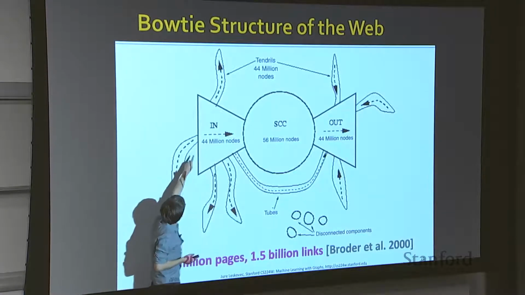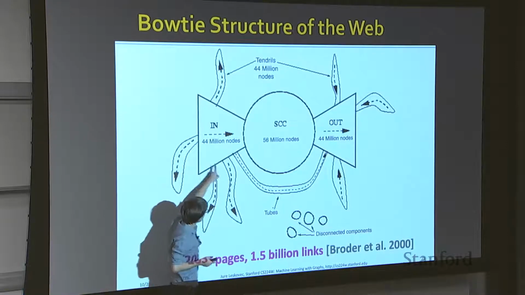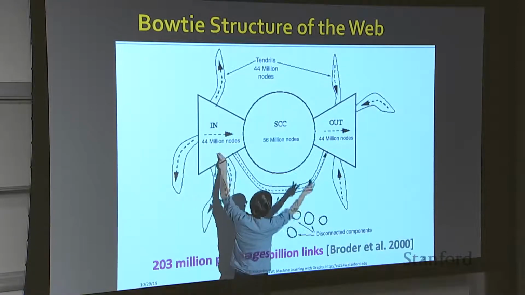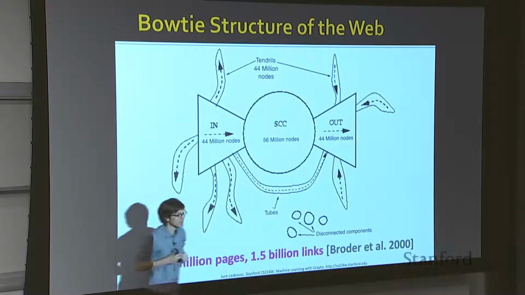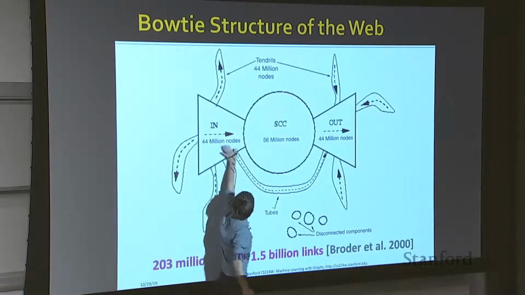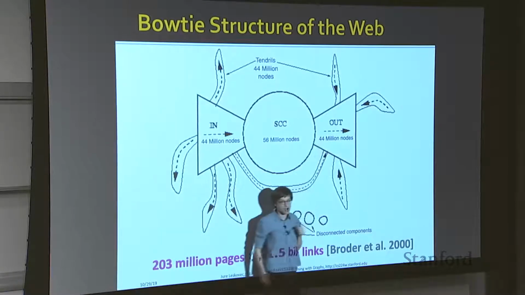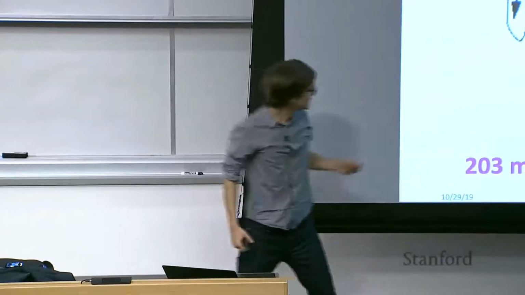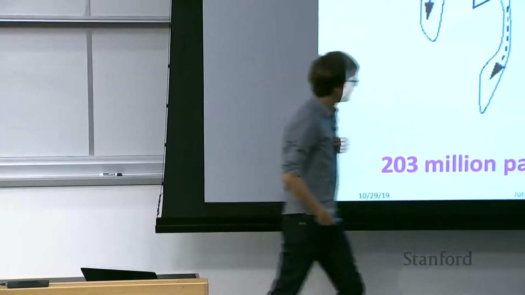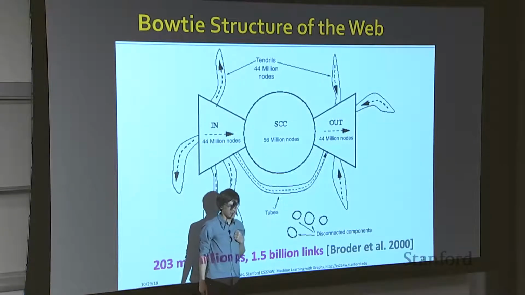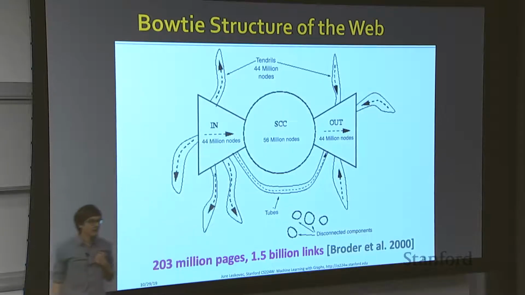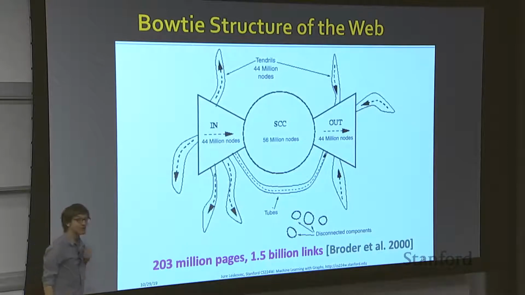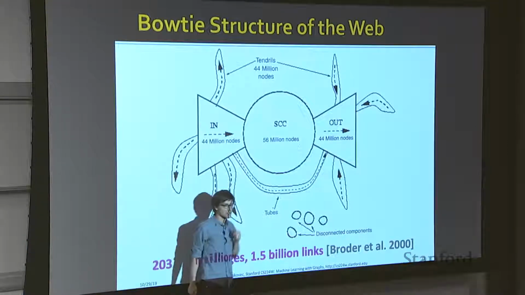And then there are some examples of tendrils, these tentacles that link the in and out components and so on. But it's about one quarter, one quarter, one quarter, and another quarter. That's what these guys learned by running a couple of BFS searches over a giant graph. So it's quite cool. Any questions?